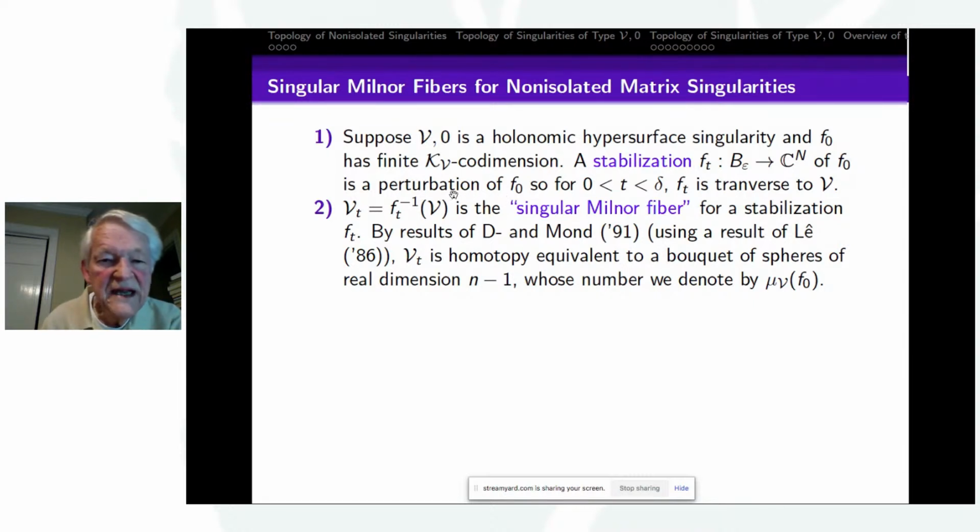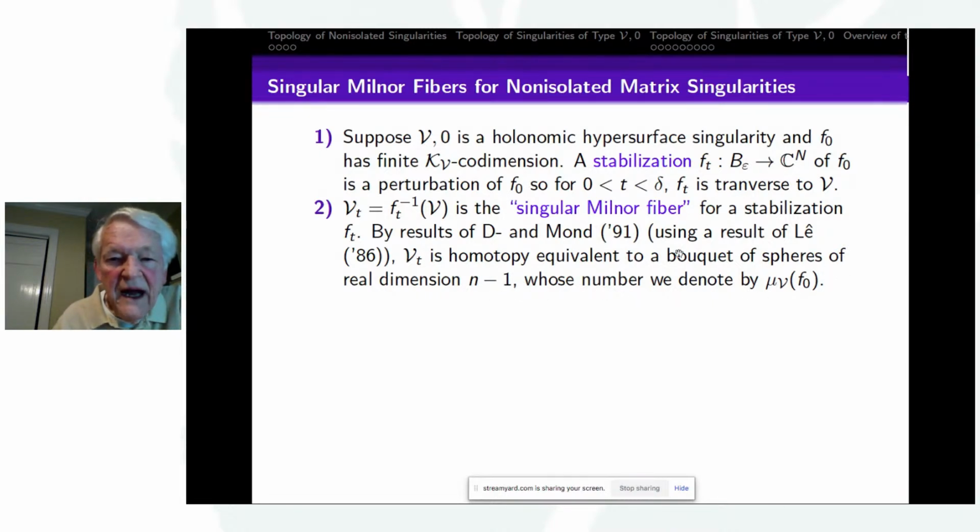And one of the first things that David Mond and I did back when we were looking at questions about discriminants was to see that the result of Lê, even though it seems to be applied in a totally different situation, the mapping on a complete intersection, can be seen to apply to this situation so that Vt is homotopy equivalent to a bouquet of spheres of real dimension n-1, whose number we denote by this.